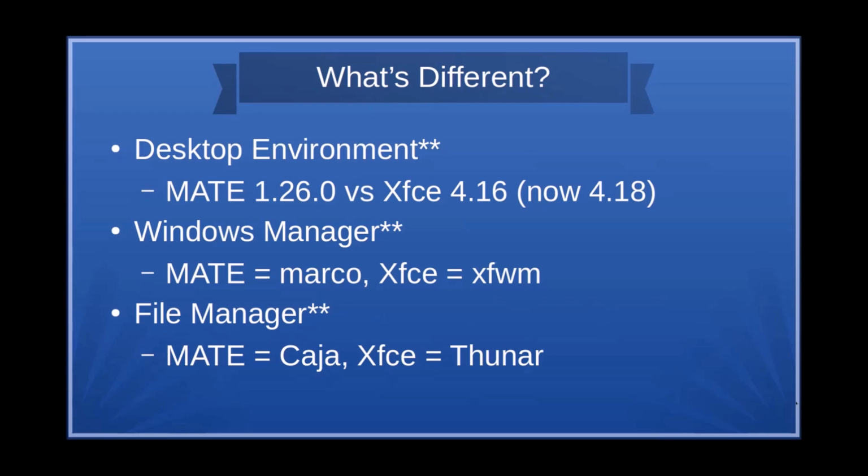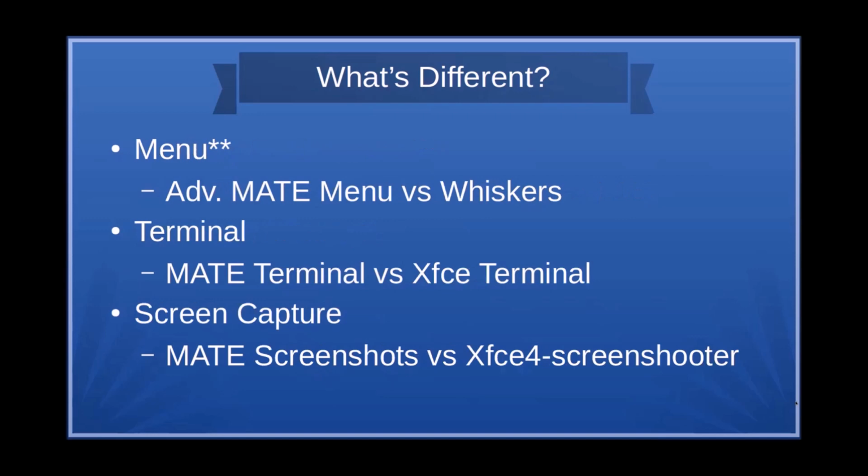So that's one change. Now, in terms of the menu, MATE has the Advanced MATE Menu, which is really based off of the GNOME 2 menu from way back when most of us started with Ubuntu.